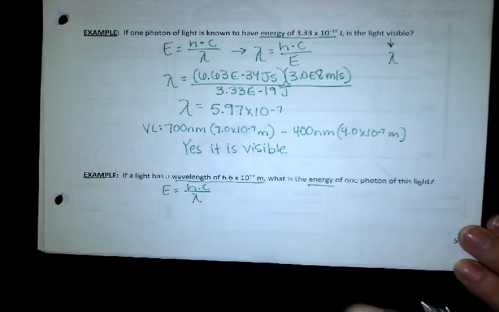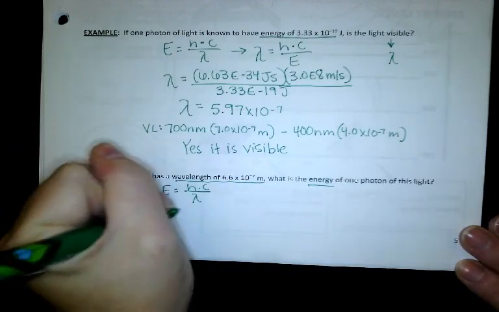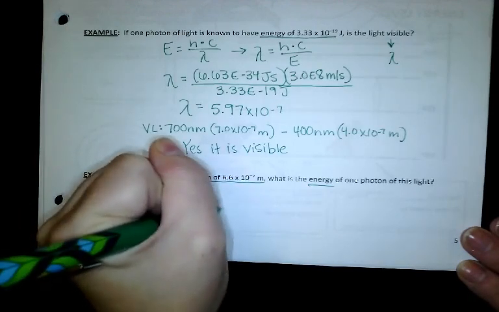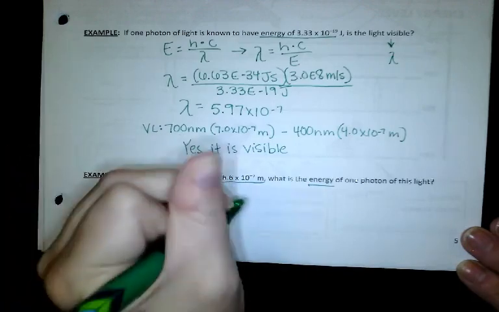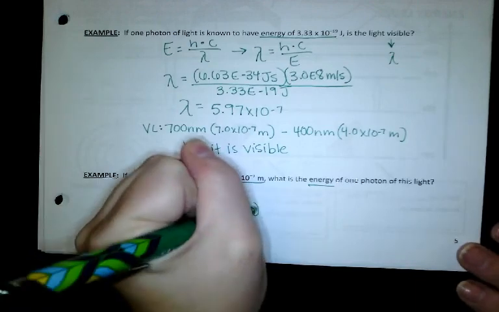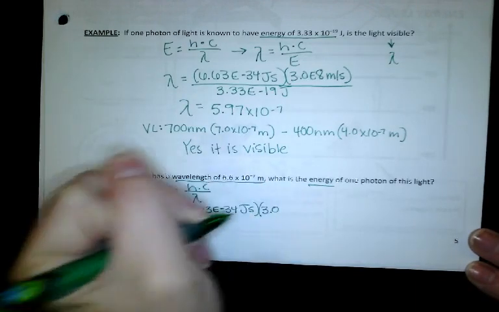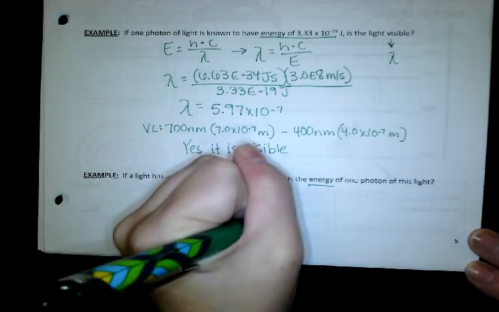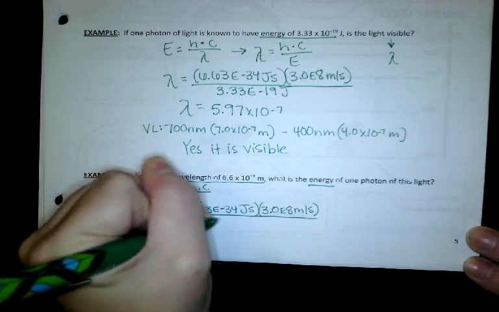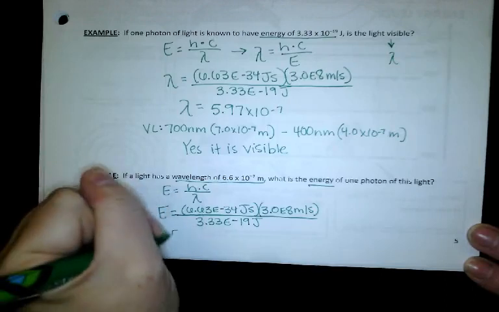So energy equals Planck's constant, which is 6.63 times 10 to the negative 34th joule seconds, times the speed of light, divided by 3.33 times 10 to the negative 19th joules. Okay, so my energy is going to equal 3.01 times 10 to the negative 19th joules.